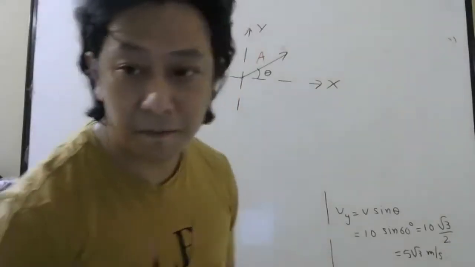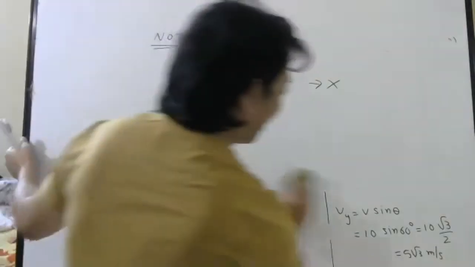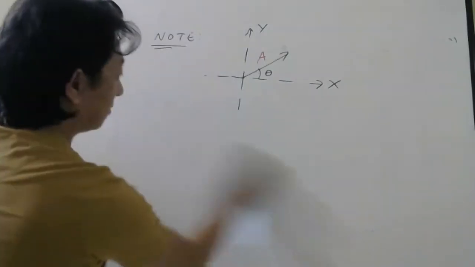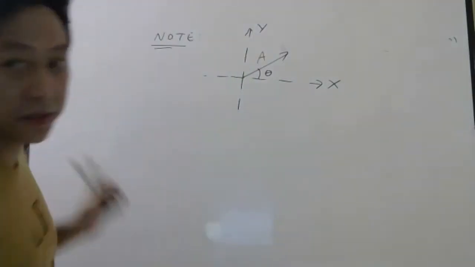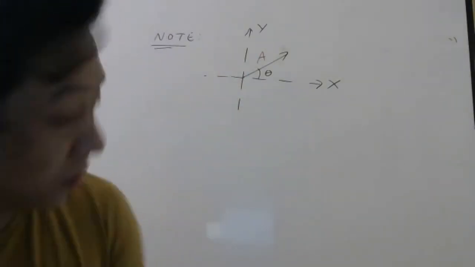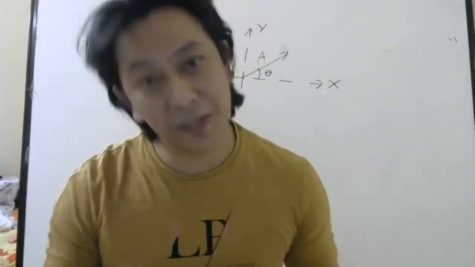This is Vy. Channa, you are not watching properly or what? Vx was 5 meter per second. Vy is 5√3 meter per second. Okay, now look here. If they ask, components of velocity will be velocity only, so the unit will be meter per second.